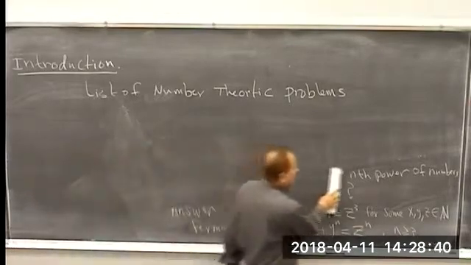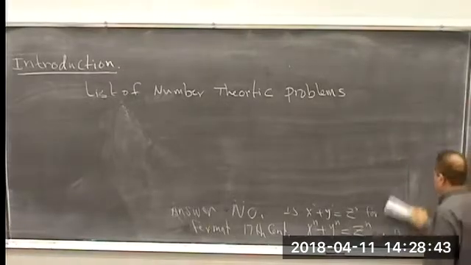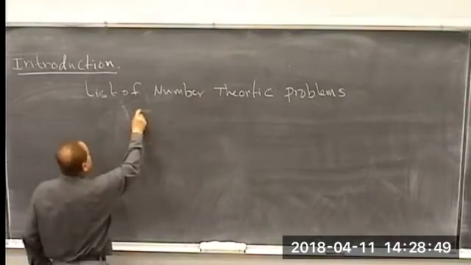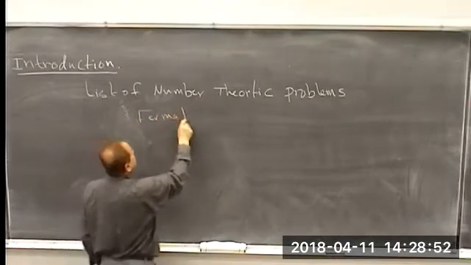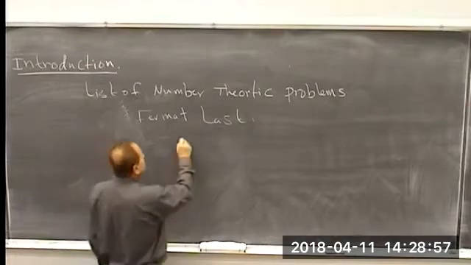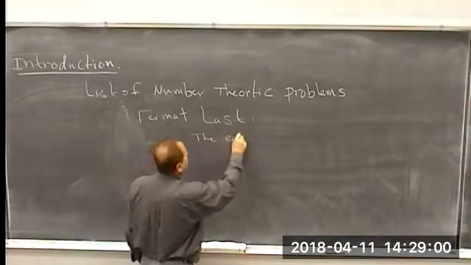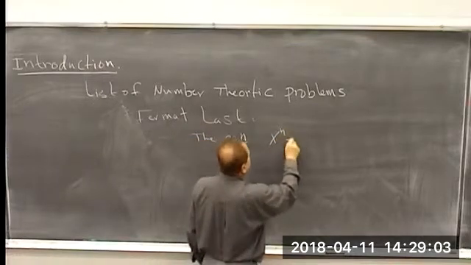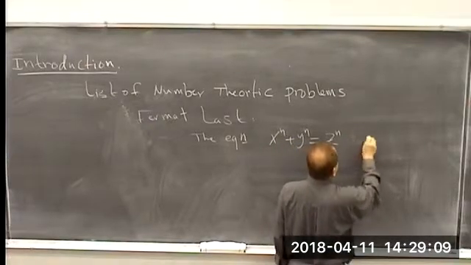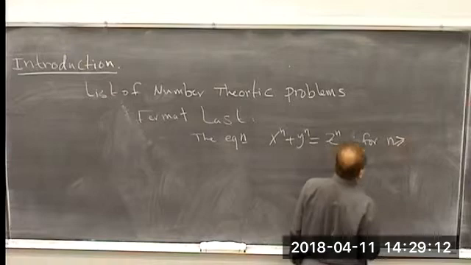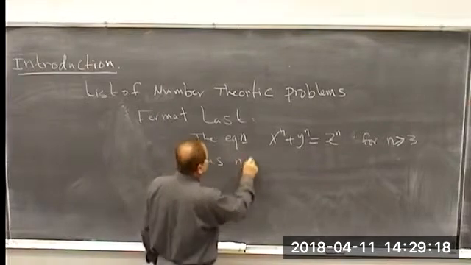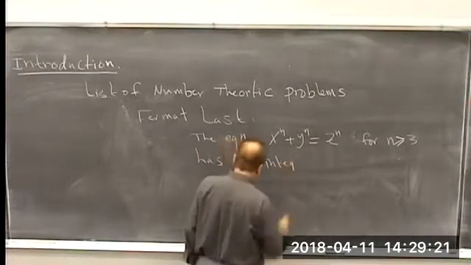So we're talking about the 1600s, Fermat's last theorem, that's what it's called, which says that the equation x to the n plus y to the n equals z to the n for n bigger than or equal to 3 has no integer solutions.